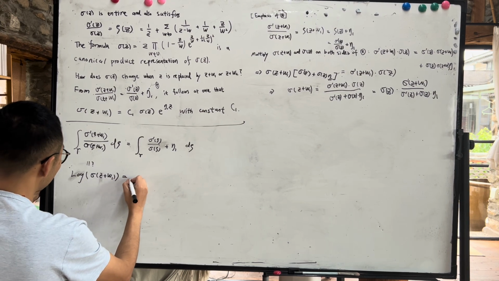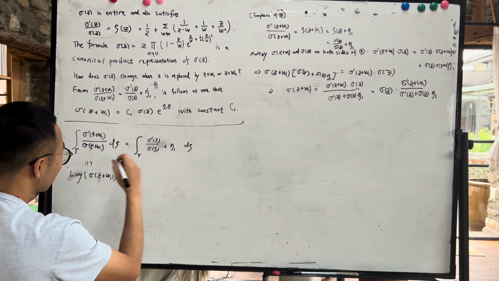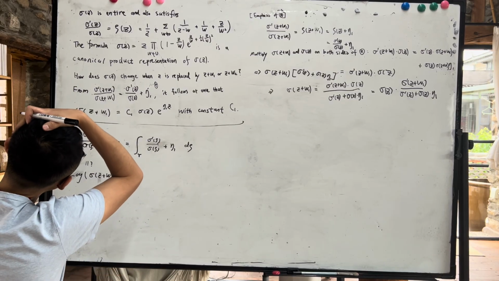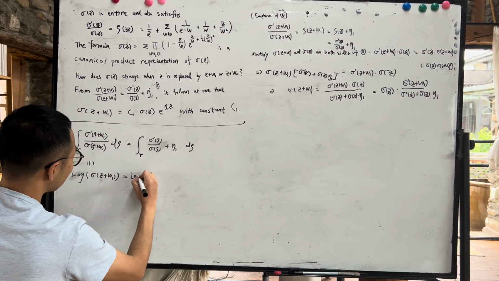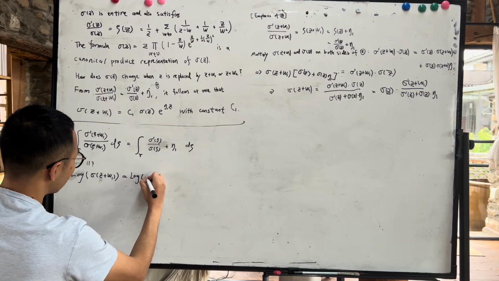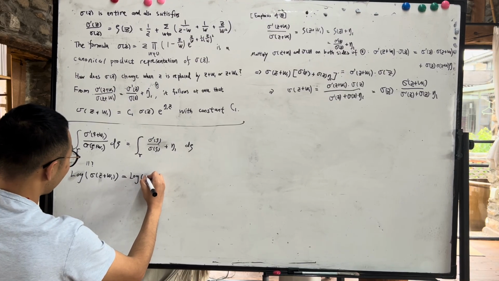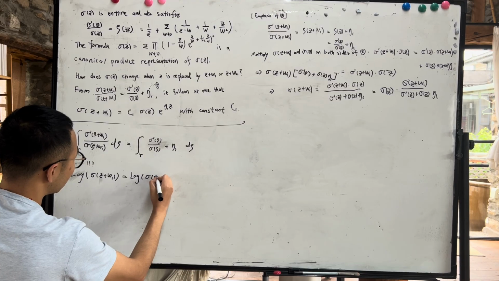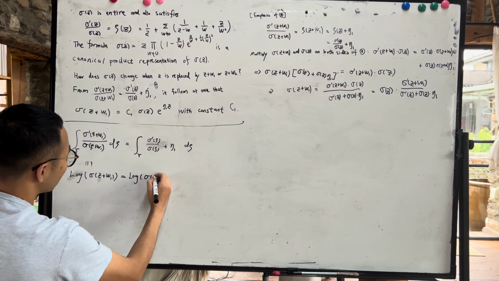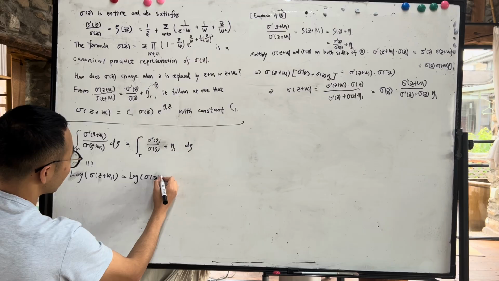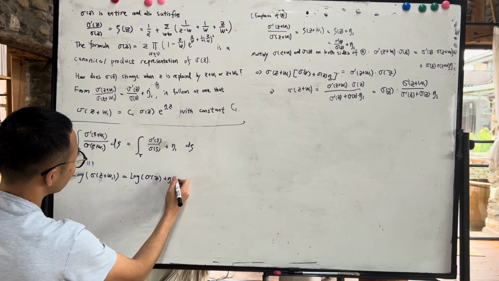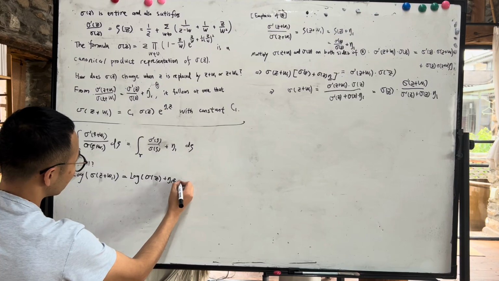Okay, let's suppose that this is true, and then we have the right hand side as another log, right, of sigma z plus eta 1 z.